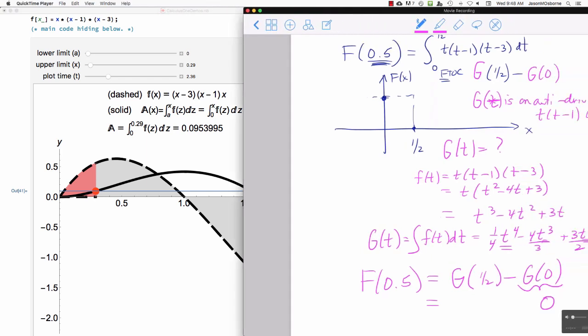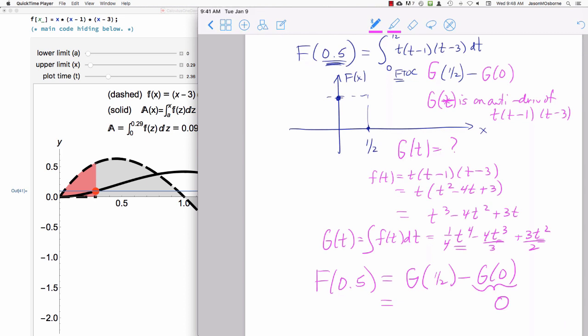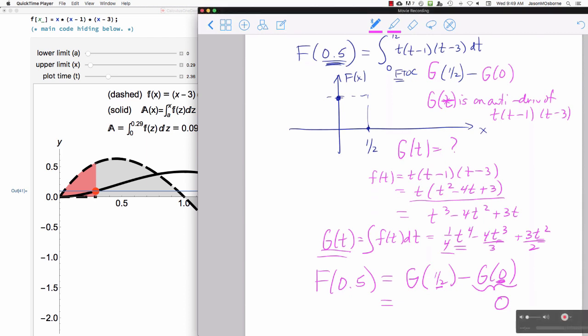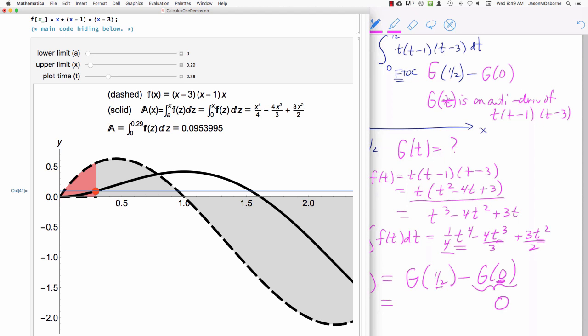The antiderivative g evaluated at 0 will be 0 because each term in this formula has a t in it. Oh, I'm sorry you can't see this. Let me let everybody catch up. I just expanded out the algebra on the function f of t. I'm trying to find an antiderivative so I can plug in 0 and 1/2 into that antiderivative. And when you plug in 1/2 into this antiderivative, you will get something around, let's see what the computer will say it is. It's not a hard thing to substitute in, okay, let me put 0.5 here.